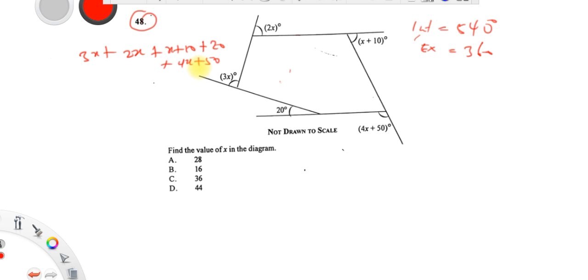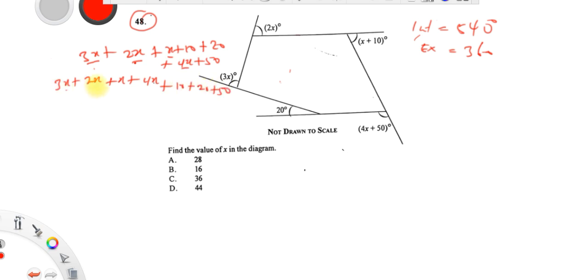Yeah, very simple. So we add the ones with s together. Okay, let me write it here so that it will not confuse you. We have 3s plus 2s, and then this s as well, plus this 4s. And then the numbers we have are 10 plus 20 plus 50.